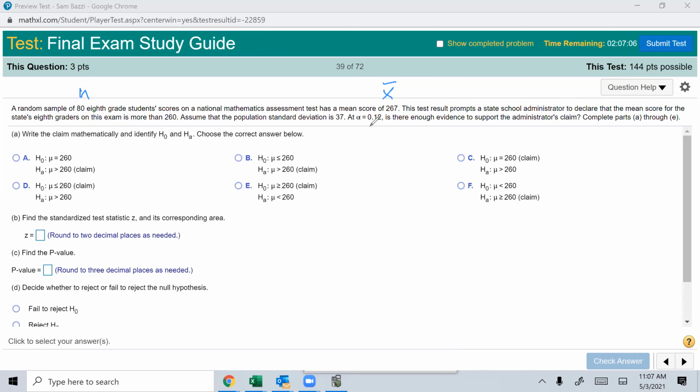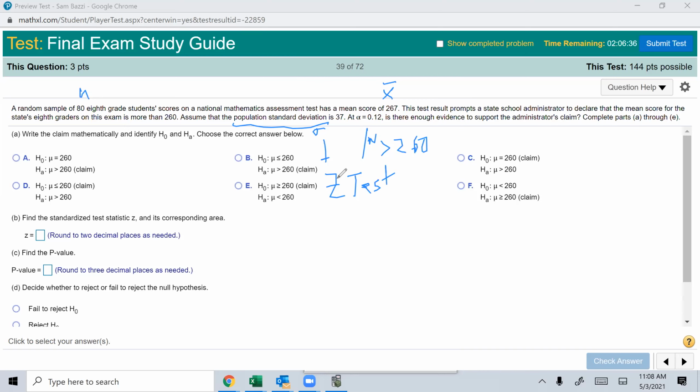So the claim is that the mean is more than 260. That's the claim, guys. Assume that the population standard deviation is 37. Once they tell you the population standard deviation, that's sigma, you must use a Z, guys. So it's going to be a Z test. This is how you decide between Z and T test. If they don't mention population standard deviation, then it's a T test automatically.